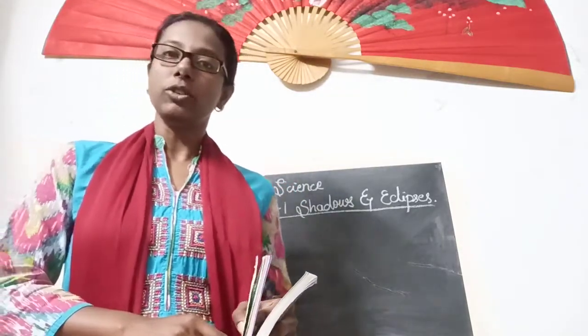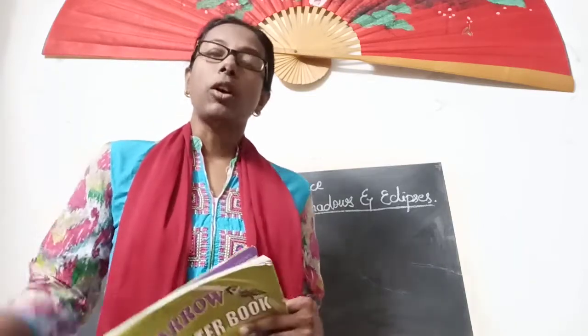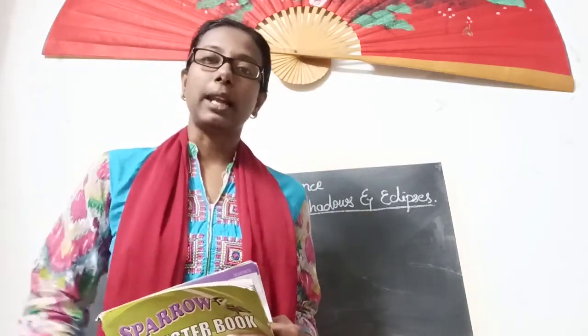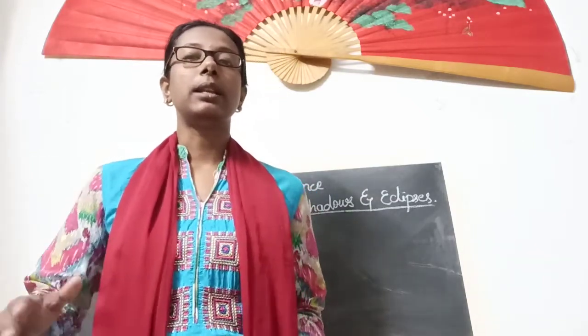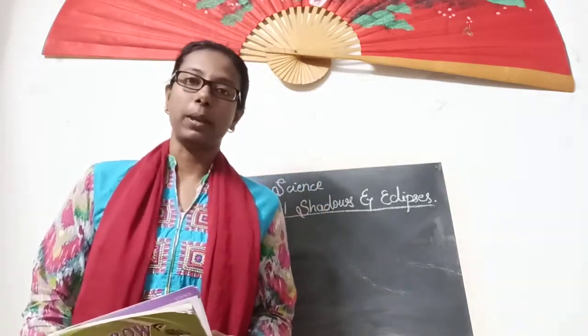Now, you have seen, children, that many objects emit light, correct? Emits means give out the light, such as sun, stars. There are natural objects as well as artificial, that is man-made also.